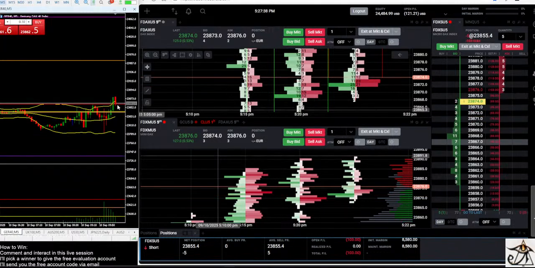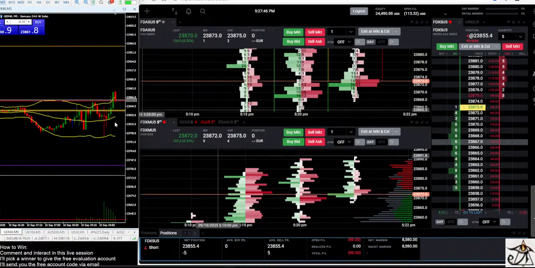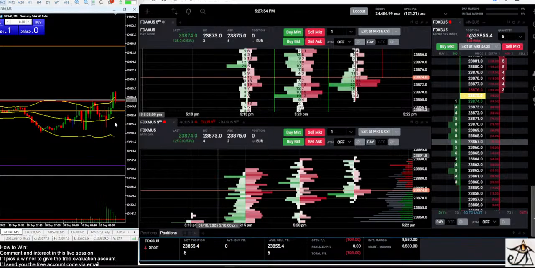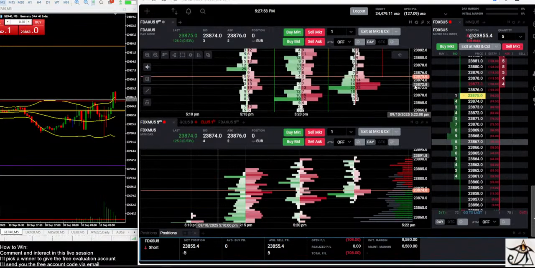I am hoping though that we do have a nice strong push down, at least to sort of this 23,810. That would be excellent. So really now it's just a matter of waiting it out.